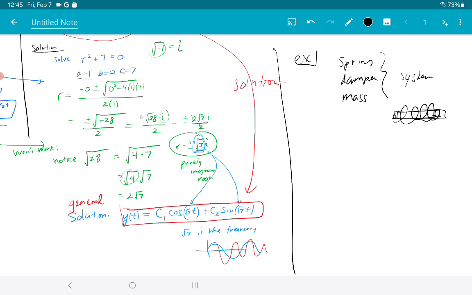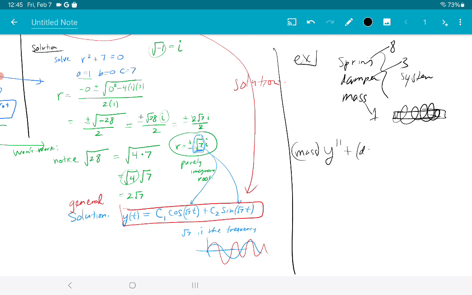Suppose that the spring stiffness is say 8. The damping is 3 and the mass is 1. We won't worry about units. But the way that works out in a differential equation, the mass is always multiplied by the acceleration. The acceleration in a differential equation is the second derivative of y, right?